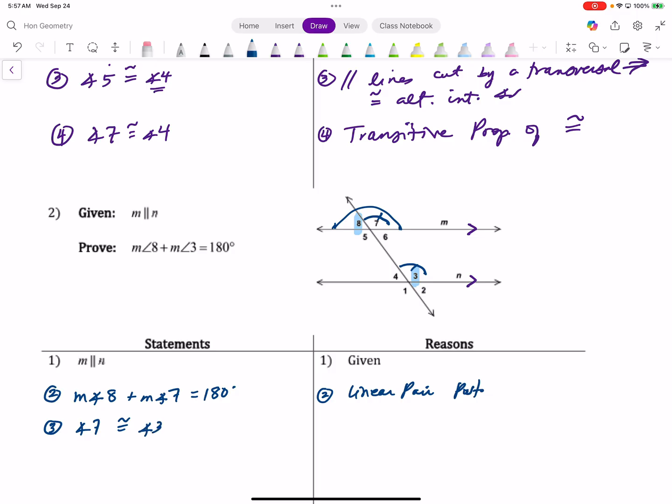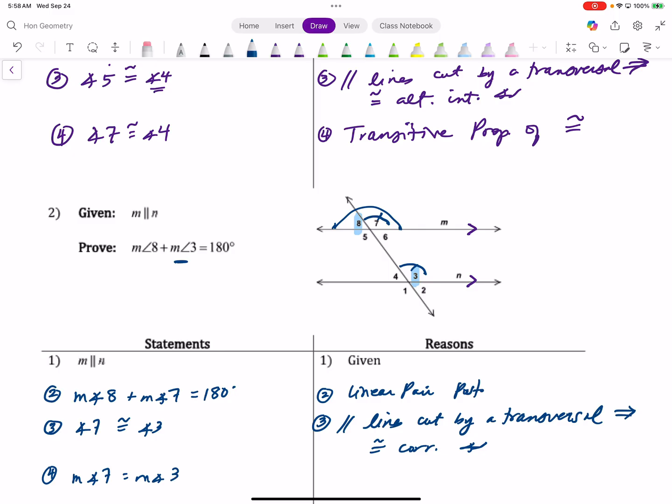We could say that angle 7 is congruent to angle 3 because that throws in angle 7 that we're working with in step 2, and it throws in angle 3 that we're going to need to prove something about, because parallel lines cut by a transversal imply congruent corresponding angles. Okay, now if those angles are congruent, we know their measures are equal because that's the definition of congruent angles.